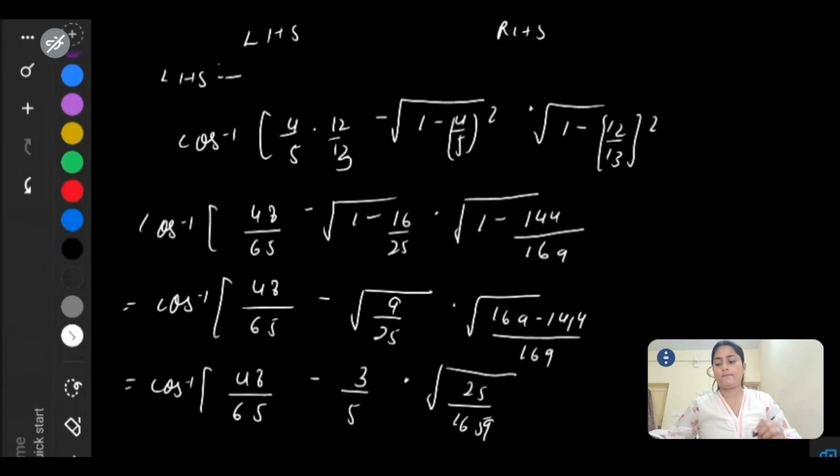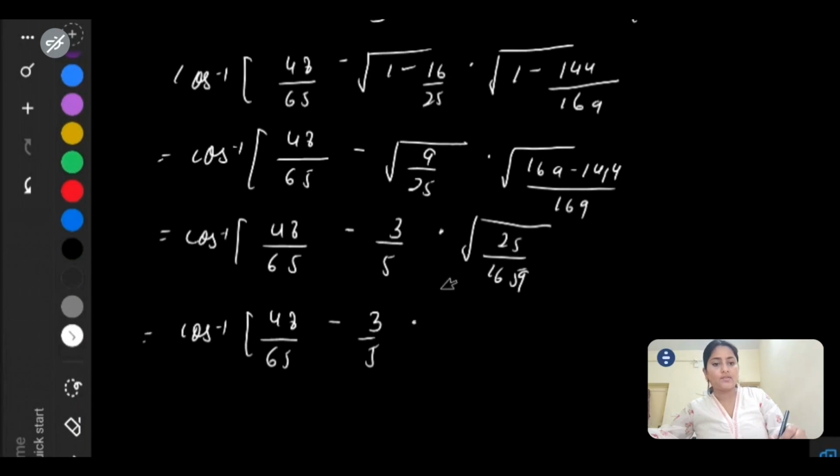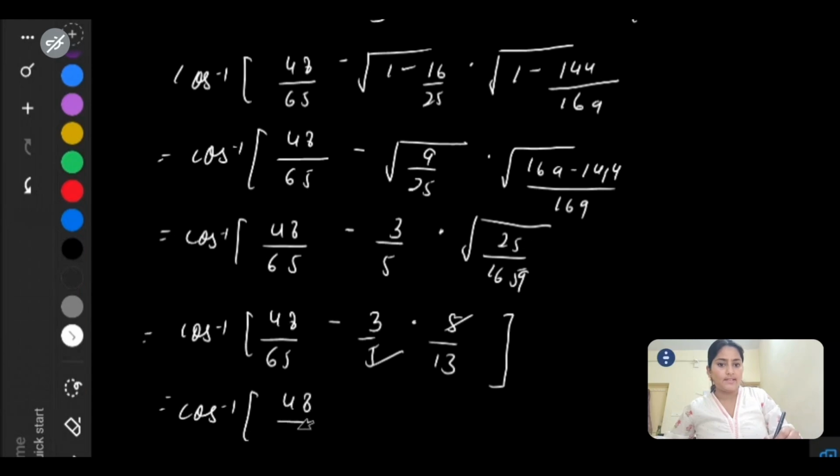Moving on to the next, cos inverse 48 by 65 minus 3 by 5 into, moving out from the square root, 5 by 13. So 3 by 5 into 5 by 13, cut the 5, and we get cos inverse 48 by 65 minus 3 by 13.